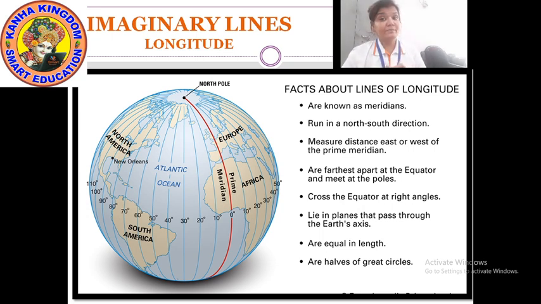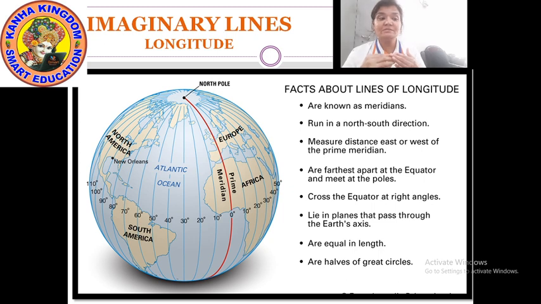Now, in each hemisphere, the eastern and the western hemisphere, there are 180 lines of longitude. Means if one hemisphere has 180 lines of longitude, then the other hemisphere also has 180 lines of longitude. That means 180 plus 180, it becomes 360 lines in total.